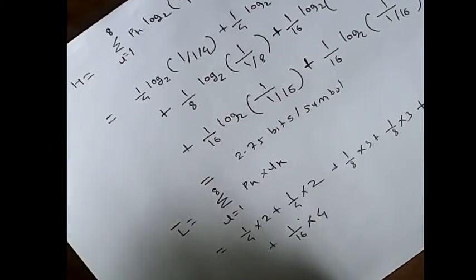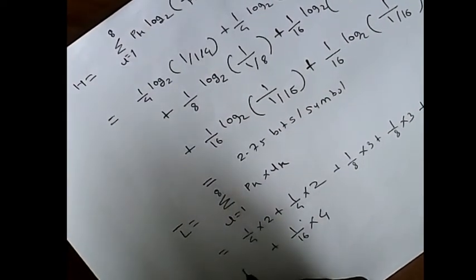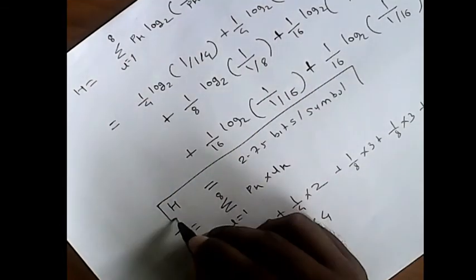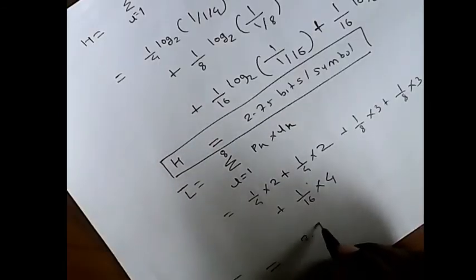So we get the average code word length, capital L, L bar, that is 2.75 bits per symbol.